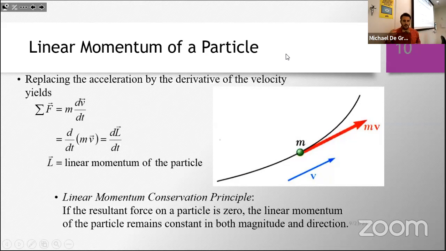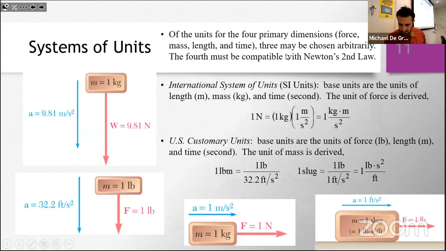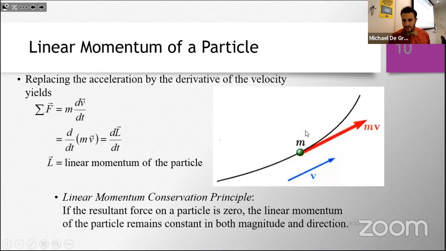So if we write this, it's not another way of writing system of units, guys, sorry. That's just m a, right? The derivative of the velocity is the acceleration. But hopefully we recall from physics 1 that momentum is mass times velocity.